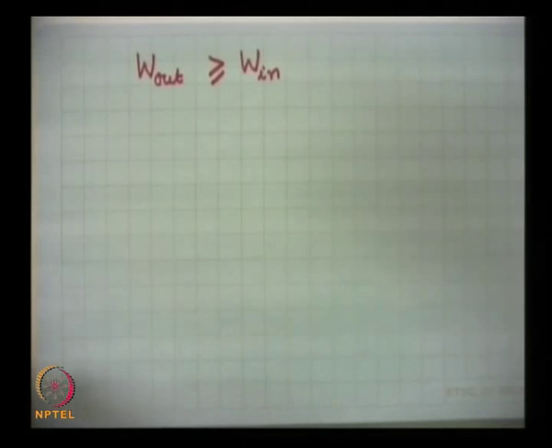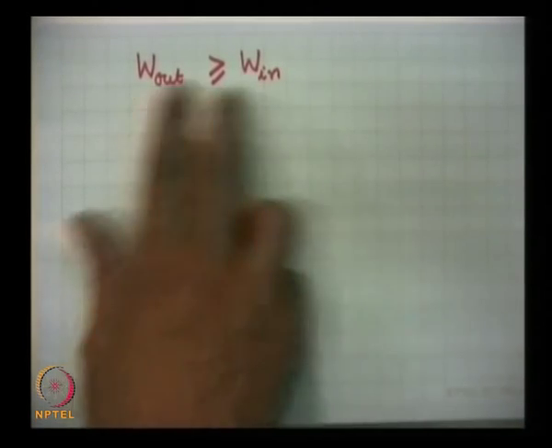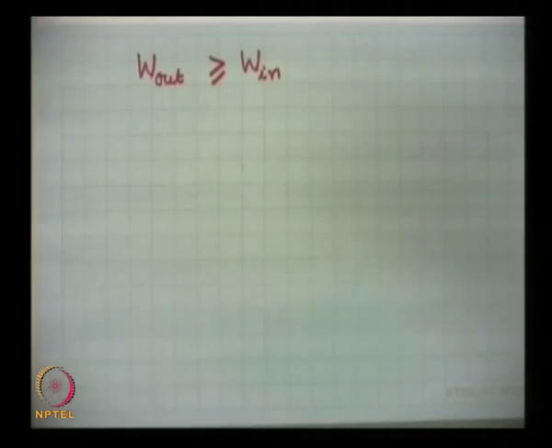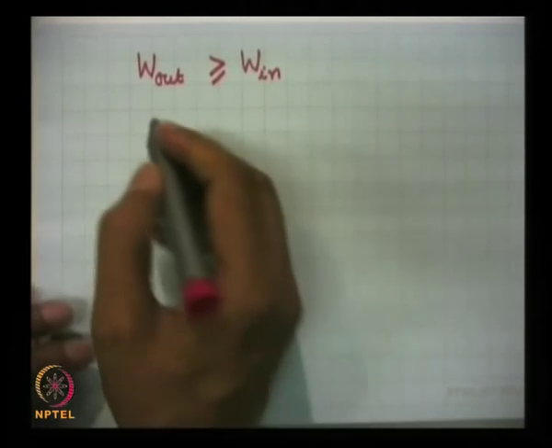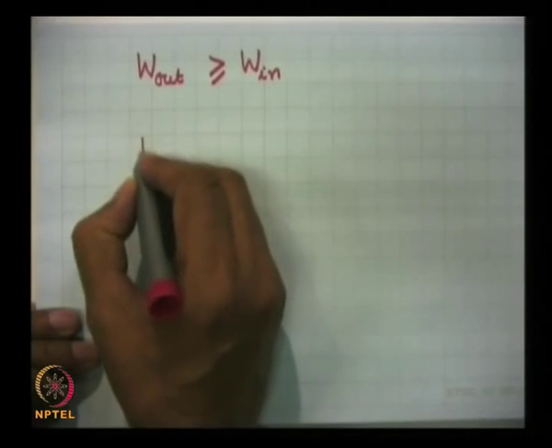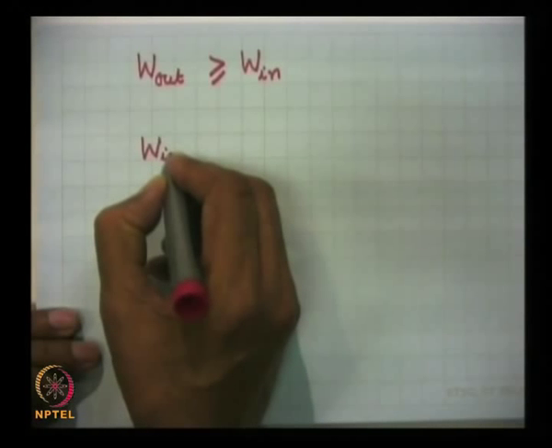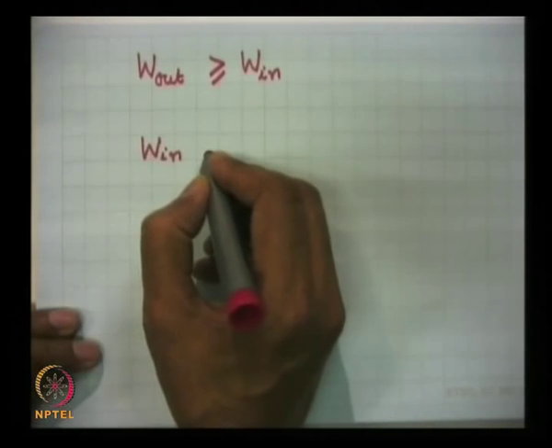If Win is the energy input to heat the plasma and this is the energy output. Energy input you can certainly think in terms of particle density etc. and temperature.